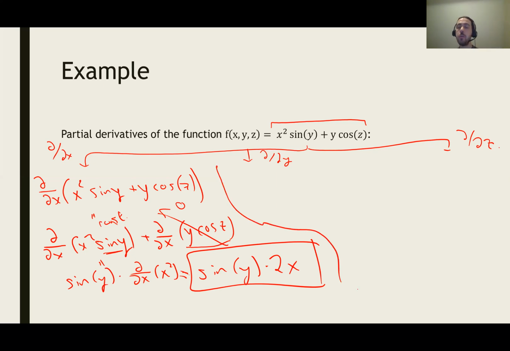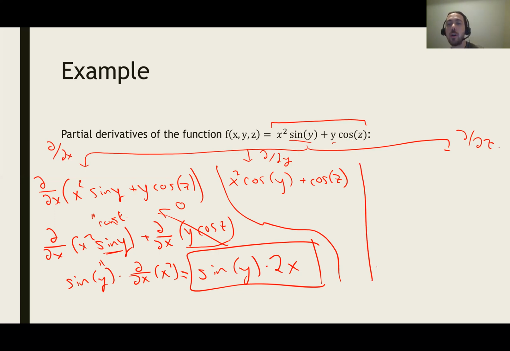Similarly, we could go through and calculate the partial derivative with respect to y and the partial derivative with respect to z. Just for the sake of completeness, the partial derivative with respect to y is going to be x squared cosine y plus cos z. Here we can see the effect of taking the derivative of sine y and leaving the other parts as constants.